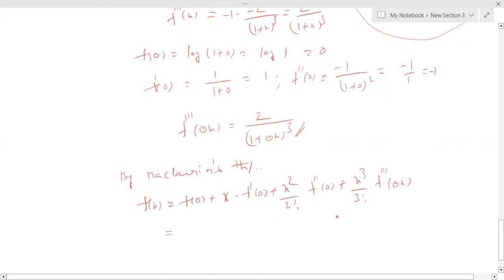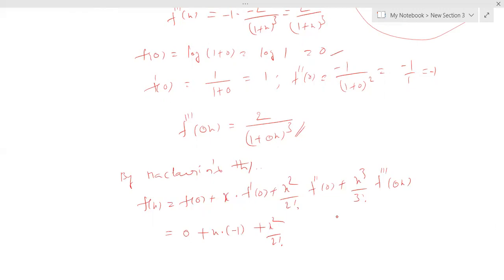f of 0 we already evaluated as 0, because f of x value is log of 1 plus x. Substitute x equal to 0, we get 0. x into f dash 0 value, which is 1, gives x. x square by 2 factorial into f double dash 0 value, which is minus 1.